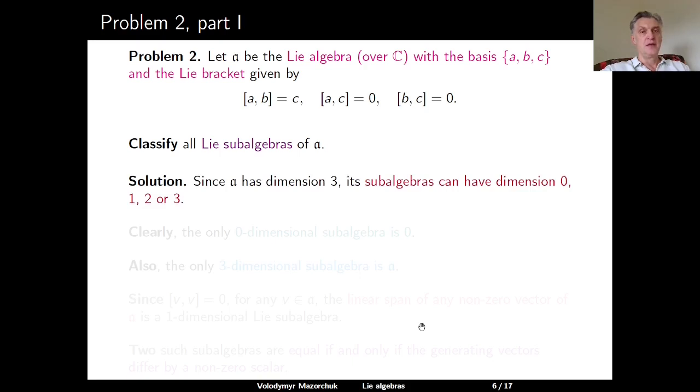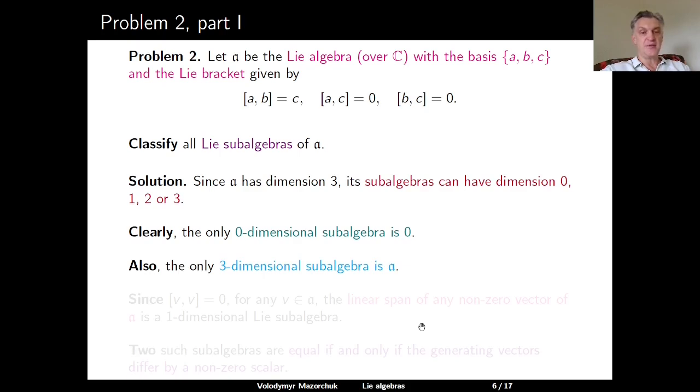Solution. The original algebra A has dimension 3. So it can have only subalgebras of dimension 0, 1, 2, and 3. Of course, the only zero-dimensional subalgebra is 0, and the only three-dimensional subalgebra is the algebra A itself.